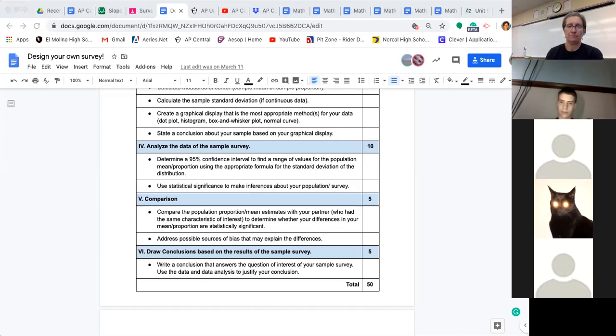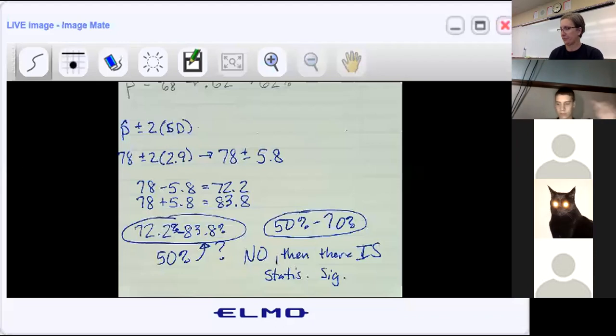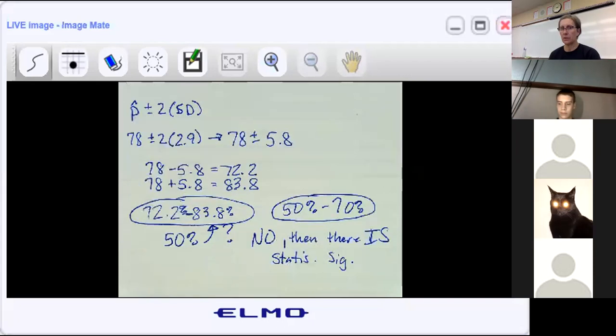If it is, it's not statistically significant. Correct. Here the 50% was not in it, so there is statistical significance. But if I took a number that is in there, let's say 75%, 75% is in the interval.